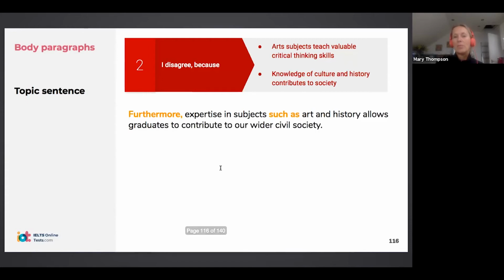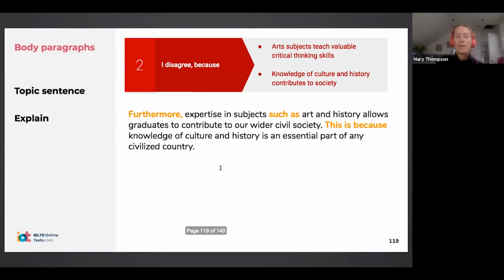Yeah, contribute to a wider civil society. Okay, and then you need an explanation. Right, so using this linking phrase, this is because knowledge of culture and history is an essential part of a civilized country.